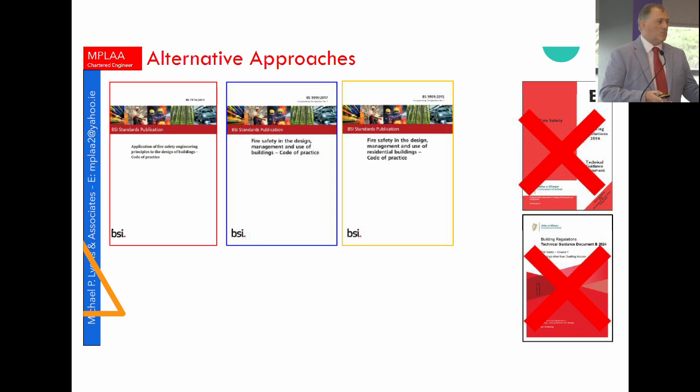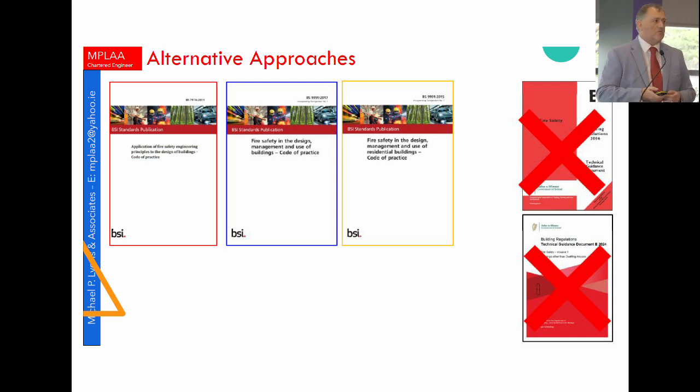The three principal ones are British Standard 7974, 9999, and then 9991 for flats. My view is that 9991 is going to be set aside, and really the inclusion of all the flats content in terms of fire safety design within the new TGDB is good enough that it's highly unlikely that people are going to go to 9991 as their design code for flats.